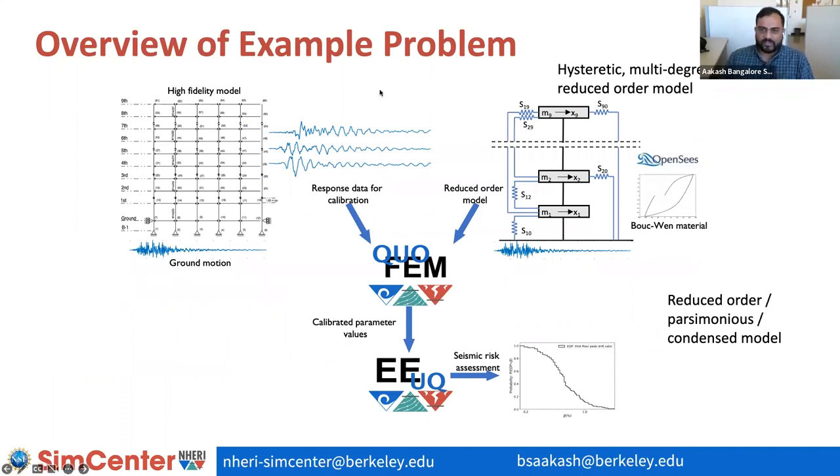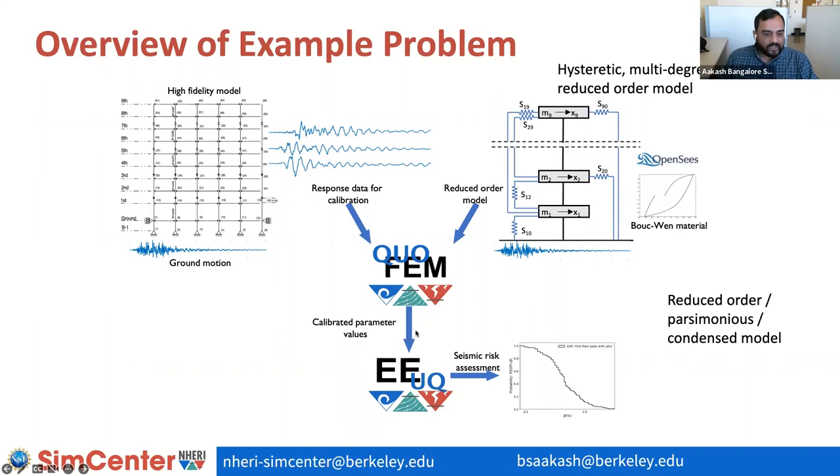Now here is just an overview of the example problem that we'll be going through today. Using high-fidelity finite element models to describe the nonlinear response history of structures in probabilistic analyses incurs very high computational cost. Reduced order models can be used to cheaply approximate the response of the high-fidelity models.